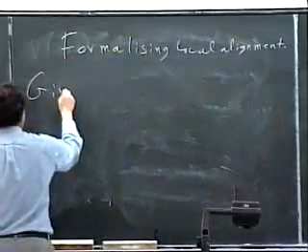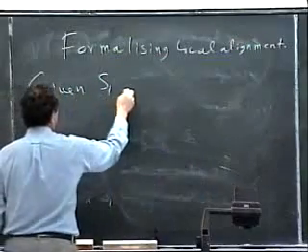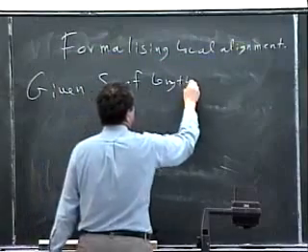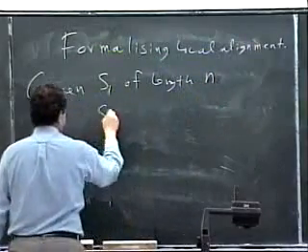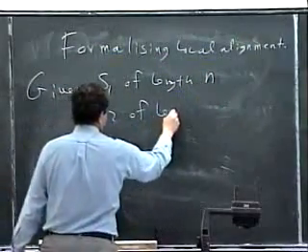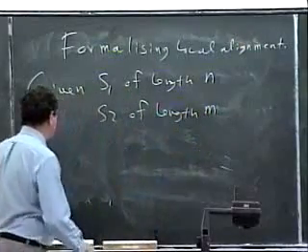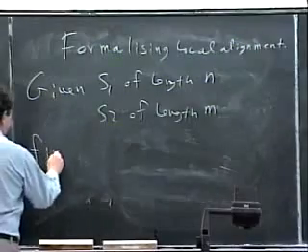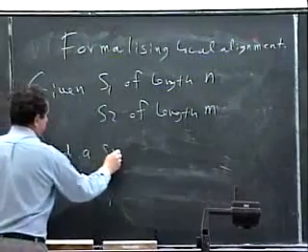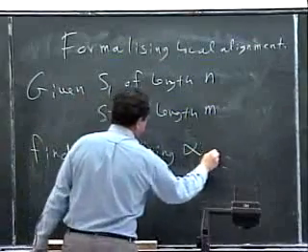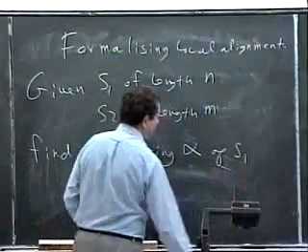So given S1 of length n and S2 of length m, what you want to do is find a substring alpha of S1.